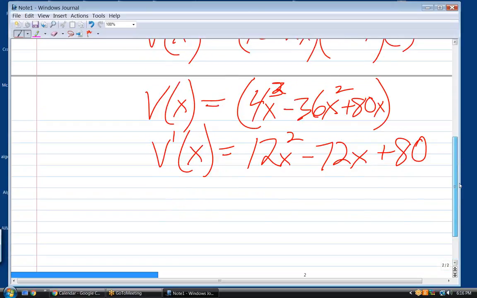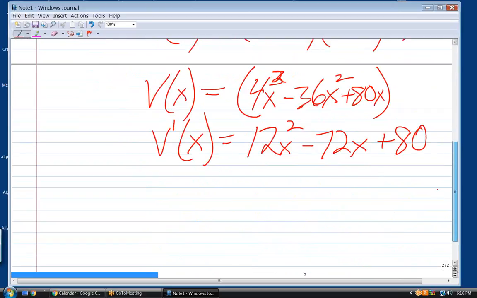Now, I know the graph that I drew is not quite the way I drew it. What do I know about the first derivative at that point right there? What's the slope of the tangent line at that little local maximum? 0. Yes, that's the key.